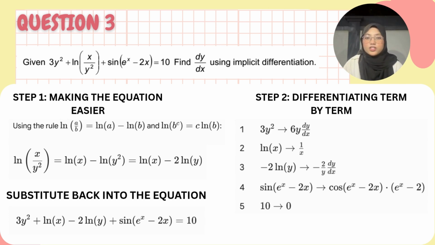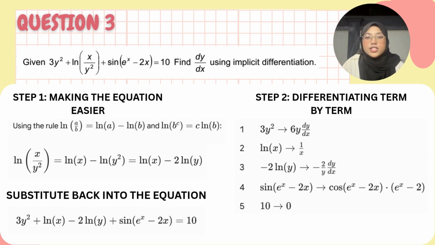Every time we differentiate a term with a y in it, we have to attach a dy/dx next to it. First, the derivative of 3y squared is 6y, so we write 6y dy/dx. Second, the derivative of ln of x is just 1 over x. Third, the derivative of minus 2 ln of y is minus 2 over y, so we write minus 2 over y dy/dx.